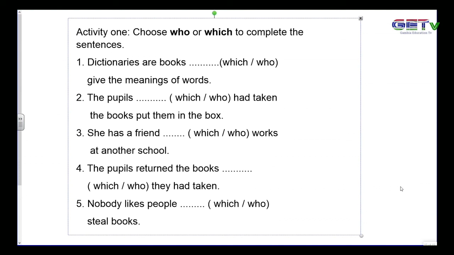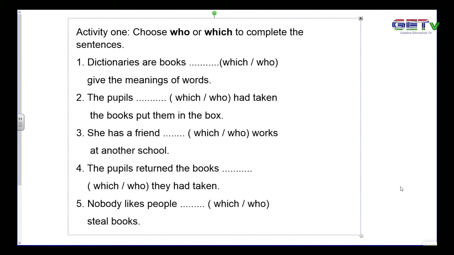Number 2. The peoples that had taken the books, put them in the box.